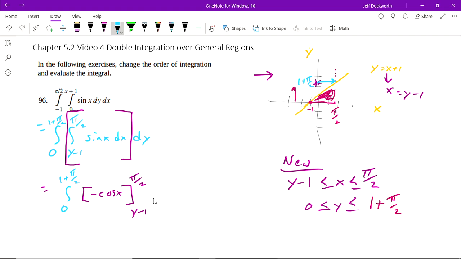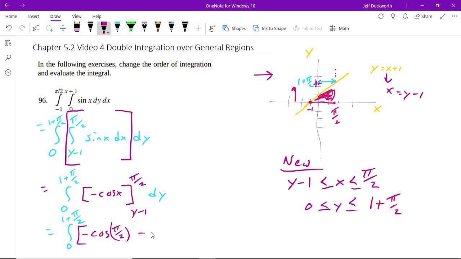And then we're going to have a dy on the outside. So that equals, what do we have left here? All right, so it's going to be negative cosine of pi by 2 minus cosine of y minus 1.